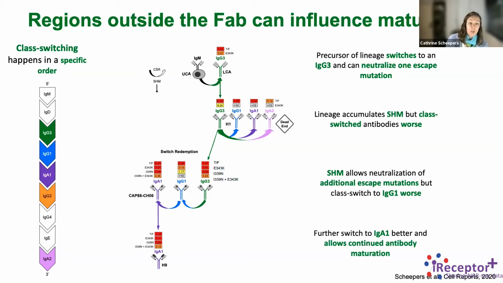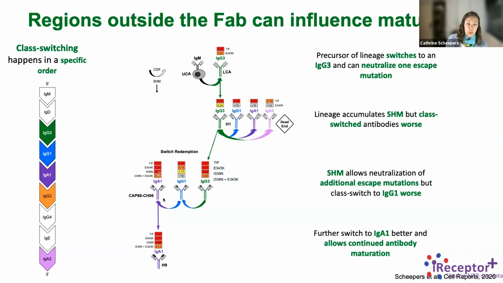Interestingly, though, we saw another class switch from an IgG1 to an IgA1, and in this case, the class switch restored neutralization back to what we had seen with the IgG3. This is something that we termed switch redemption, which is the redemption or restoration of neutralization following a bad isotype switch or class switch.